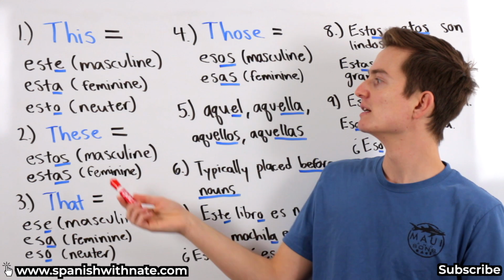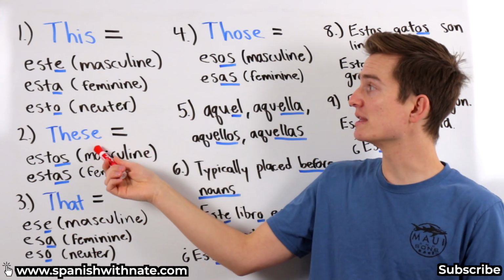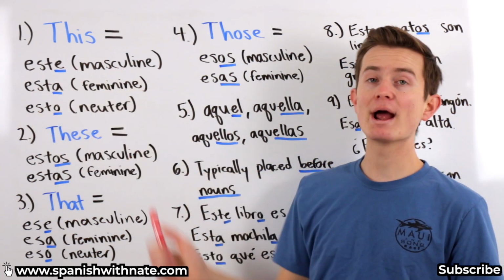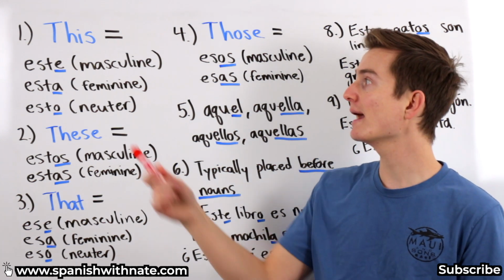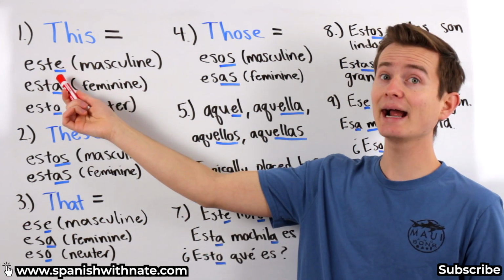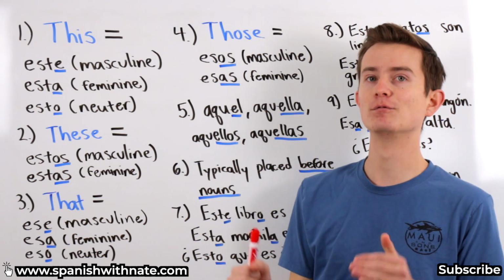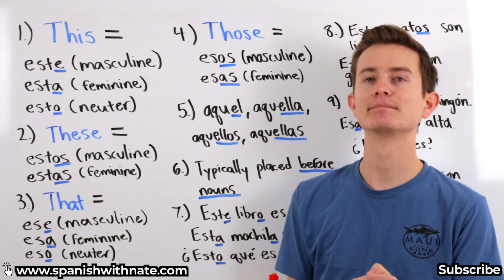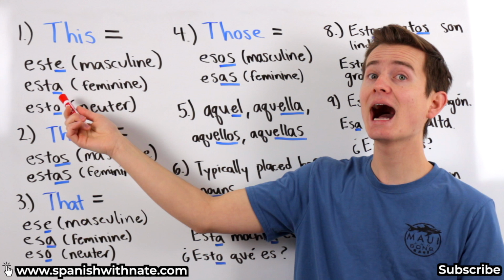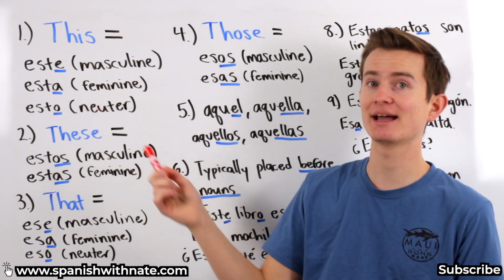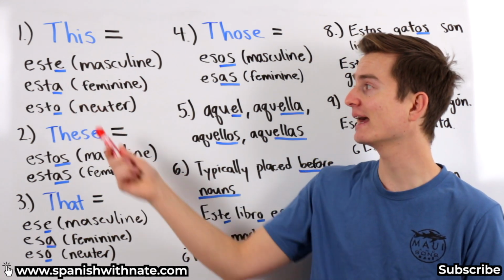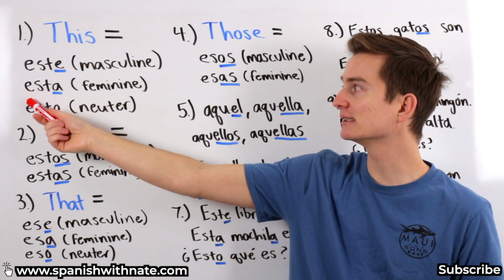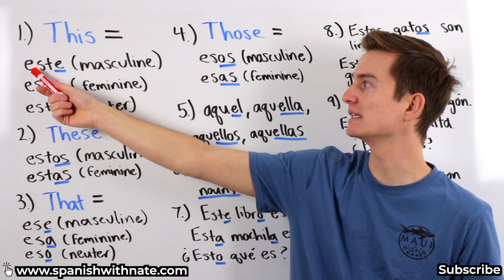Before we move on to "these," I want to say, beware of how you're pronouncing these, because if I say este, that changes the meaning versus éste. It's not esta, it's ésta. Very important not to get wrong. Imagine there's a little accent on these first E's.